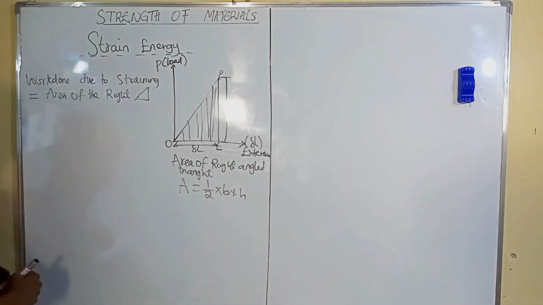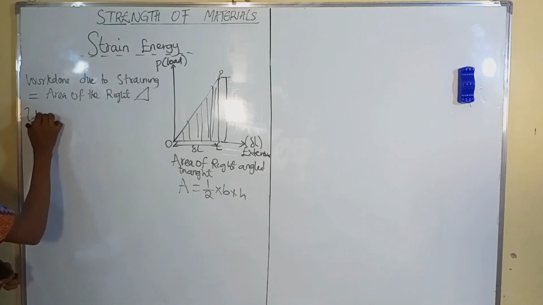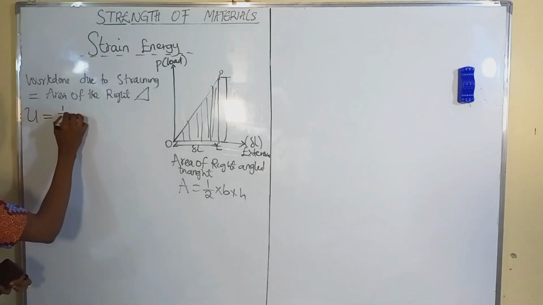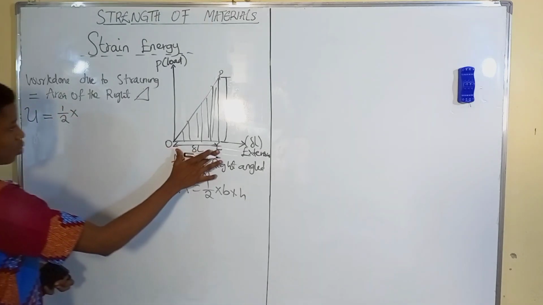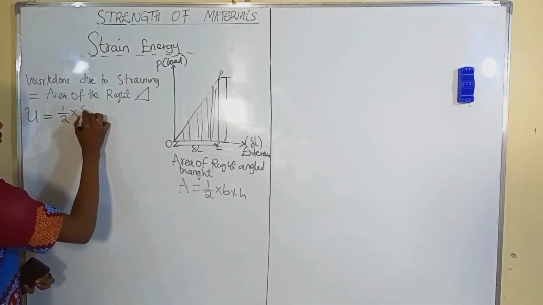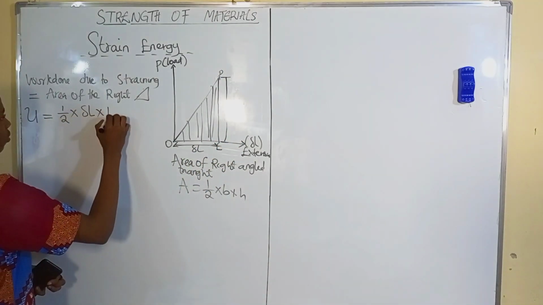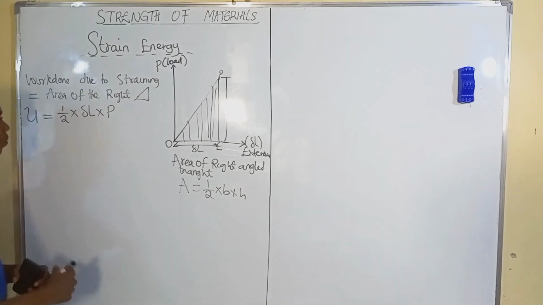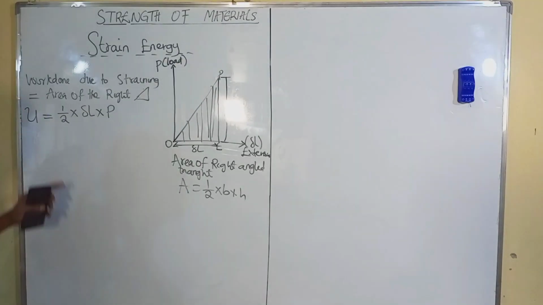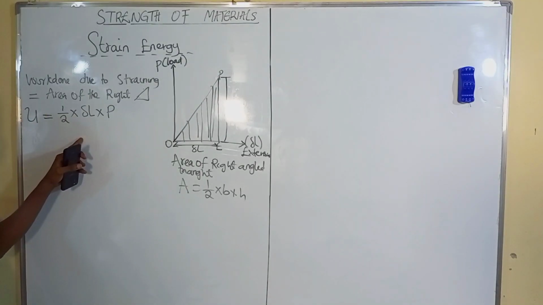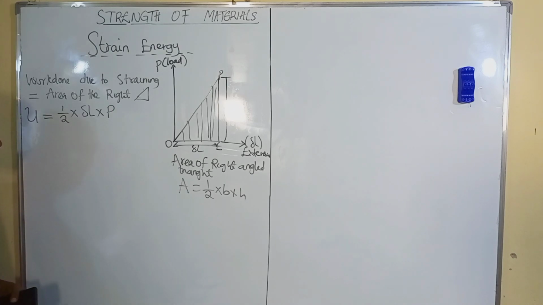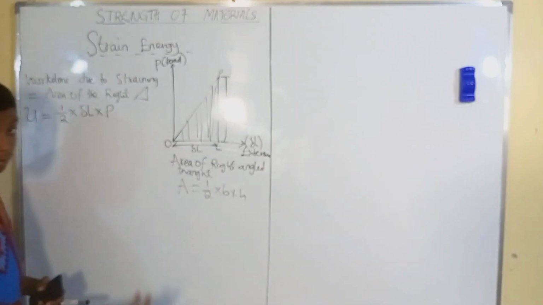So the work done by straining, which is represented by U, is equal to half, the base, which is the extension, multiplied by the load. This is the formula for the strain energy in relation to the area of a right angle triangle.